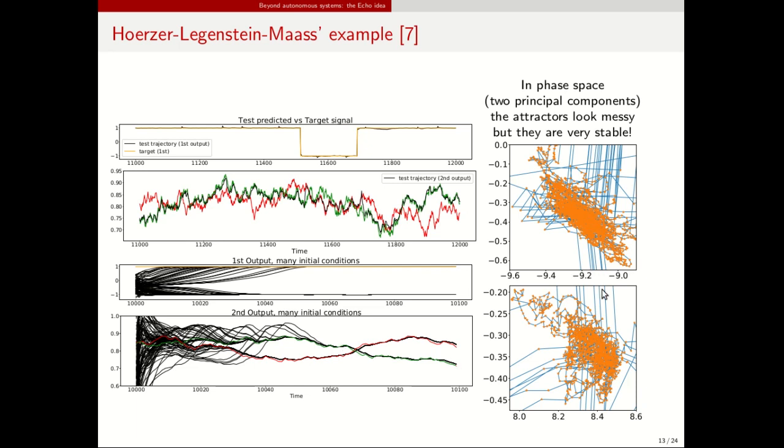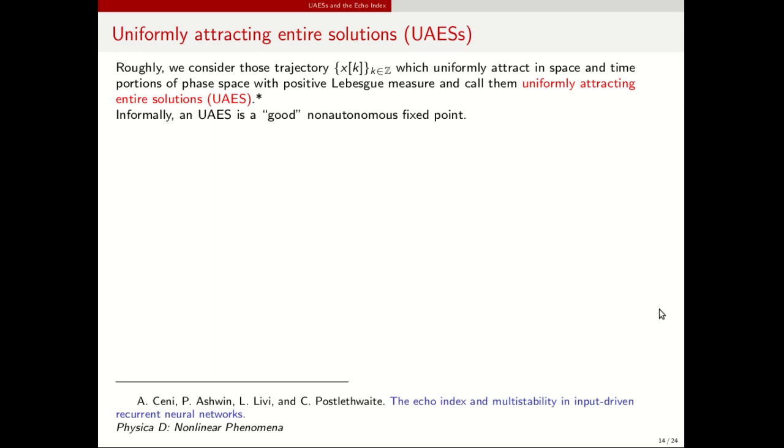So we devised a mathematical definition suitable for describing these kinds of non-autonomous attractor. And we ended up with this definition that I won't actually show you in detail because I don't think it's worth the time, but I will explain the idea of what we call a uniformly attracting entire solution.